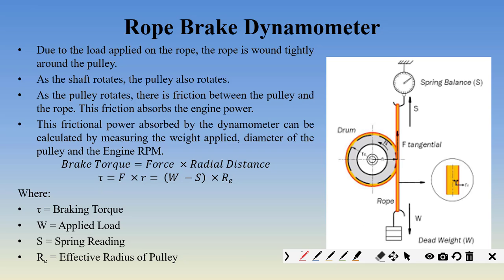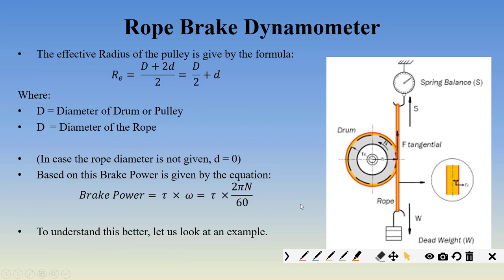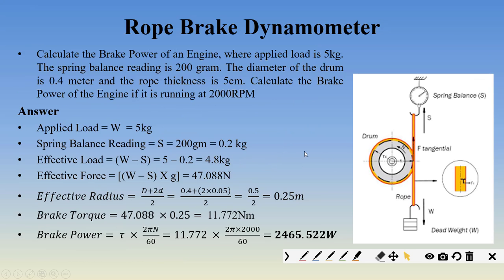So given this, we will see a simple sum on this rope brake dynamometer. What is given in the sum? They are telling us to calculate the brake power of an engine. What is the formula for brake power? Brake power is torque into omega. What is omega?